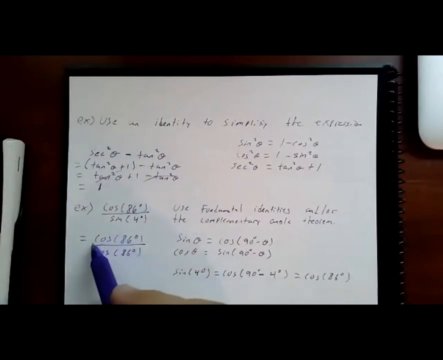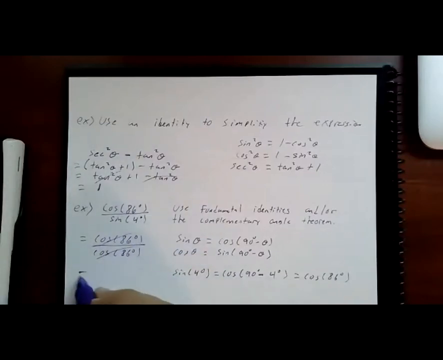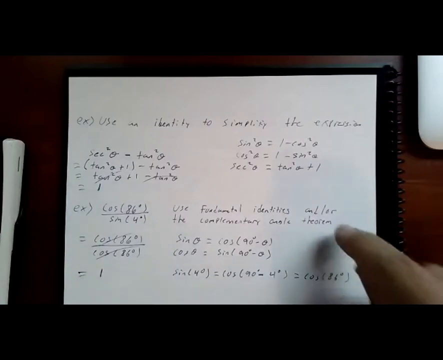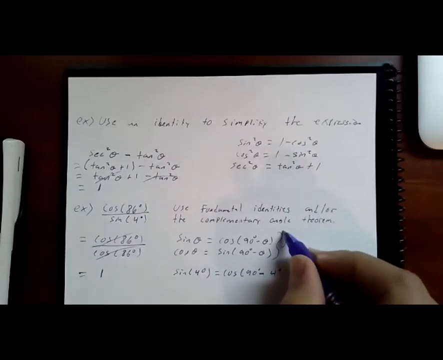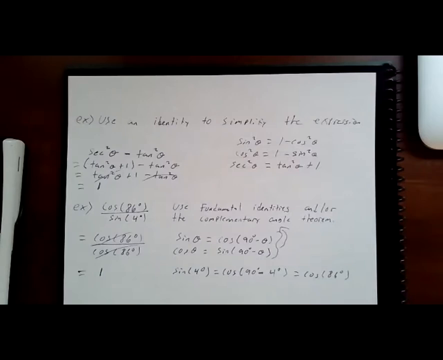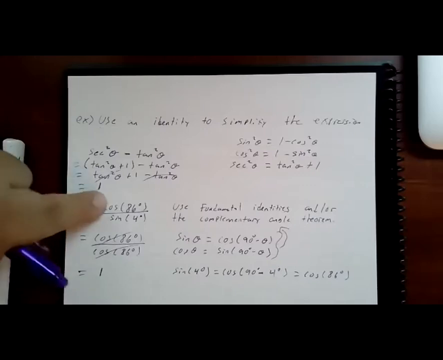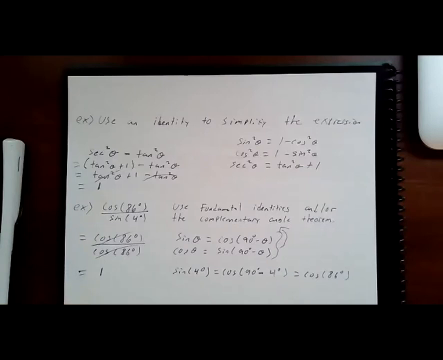So these will cancel, leaving you with 1, using the complementary angle theorem, which is these two. But you could have replaced the top with sine 4, and this still would have gotten a 1. Doesn't matter.